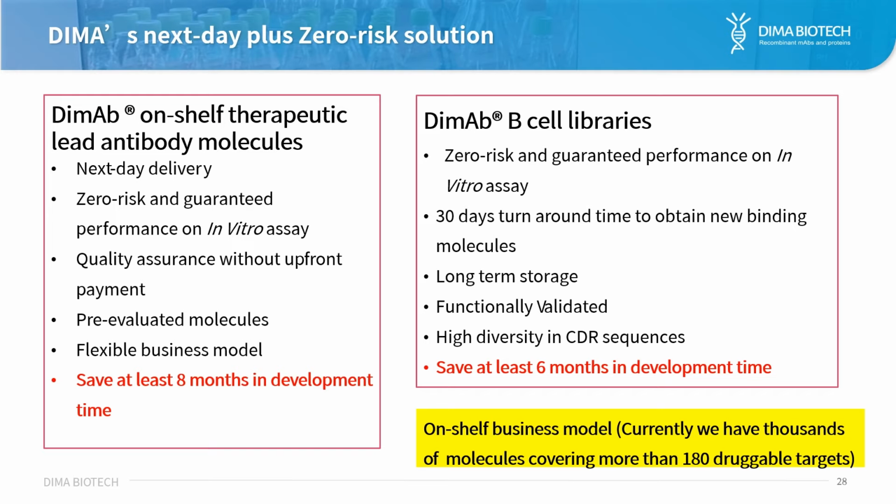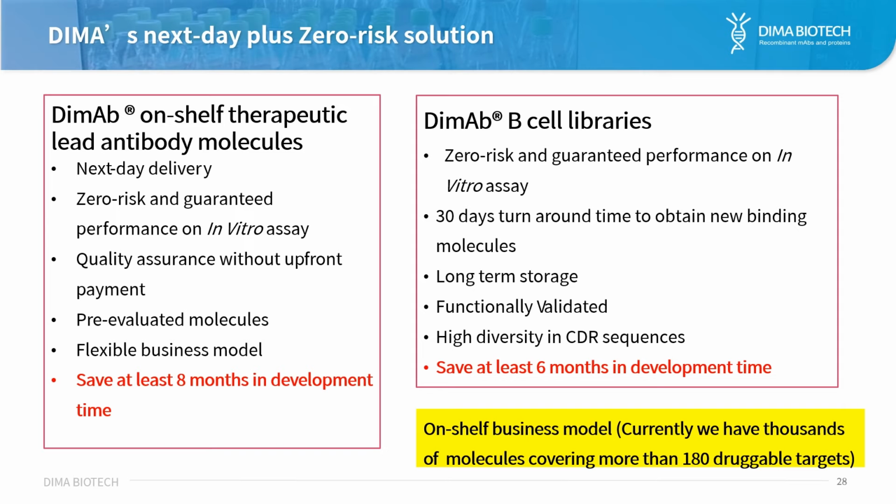This can save at least 8 months in the development time. If the pre-made molecules don't work, we can also get more molecules from our B cell libraries in months, which also saves a lot of time from the discovery of new molecules.